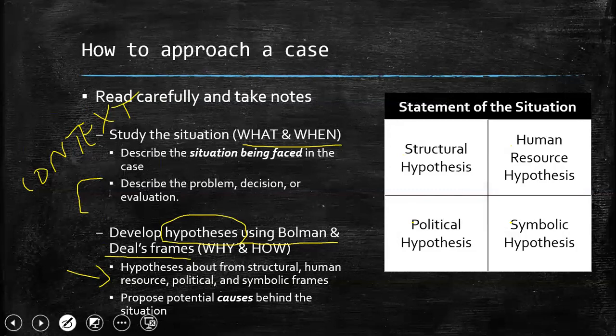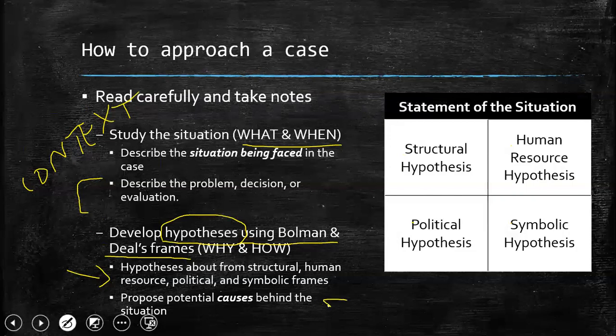Now, this is not the video where we're going to talk about the characteristics of each of those frames. That's something we'll be addressing in a lot of detail, both in the reading and in the seminar class. But know that you will be expected to develop hypotheses looking through each of those frames based on the situation and your statement of the situation.